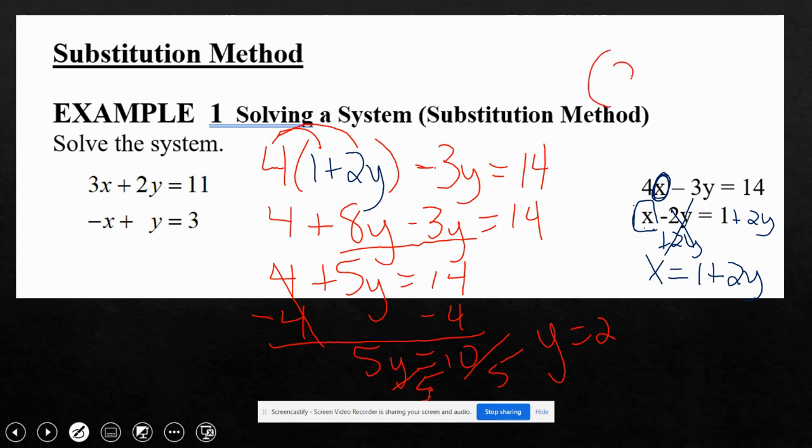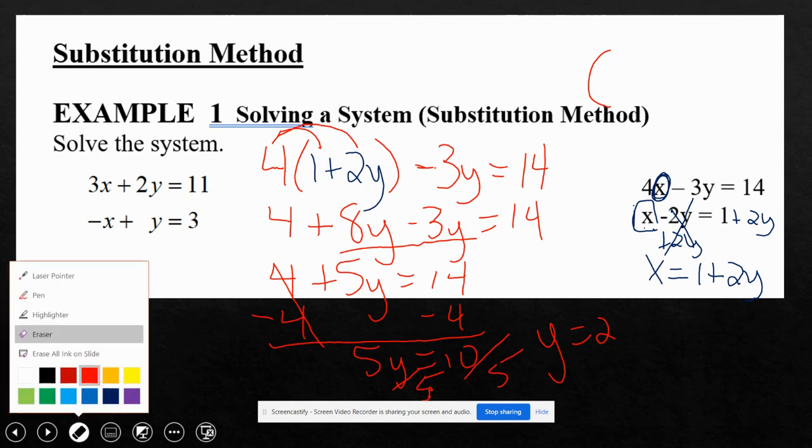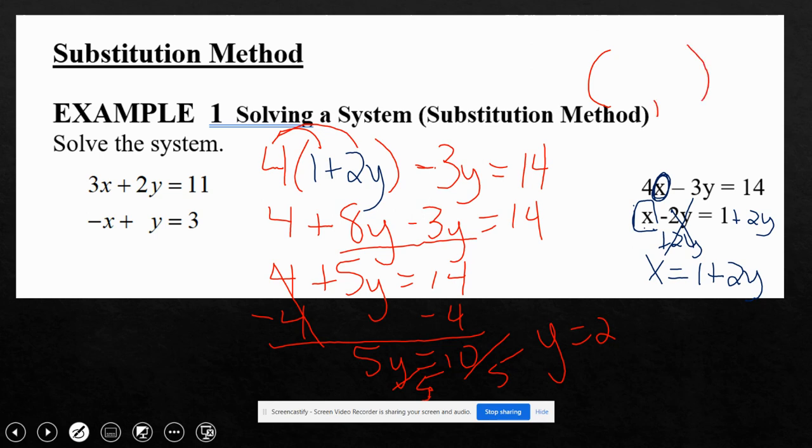So the first part of that solution, oops, and I just did it. Remember, that's y, not x. So that has to go in the second half of our ordered pair solution. Now I need to go back to our equations over here on the right side and pick one of them to plug in y.